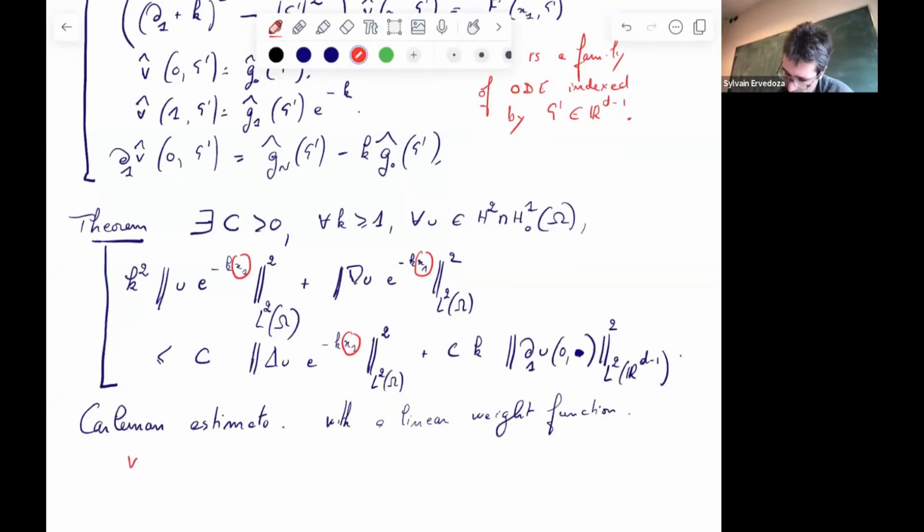So the weight function is x gives x1, or minus x1 in here.